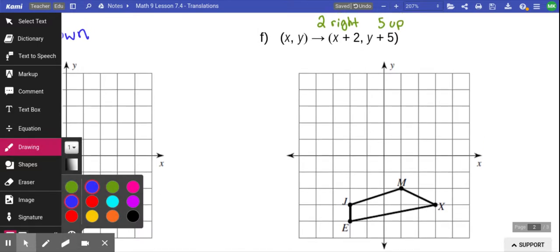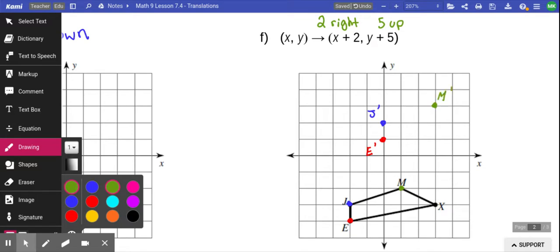This time there's 4 corners. So I'm going to move J 2 to the right, 1, 2, and then 5 up. 1, 2, 3, 4, 5. J prime is now there. I should do the same thing for E. So E prime should have been right there. I'm going to do the same thing with M, so it should have been right there.